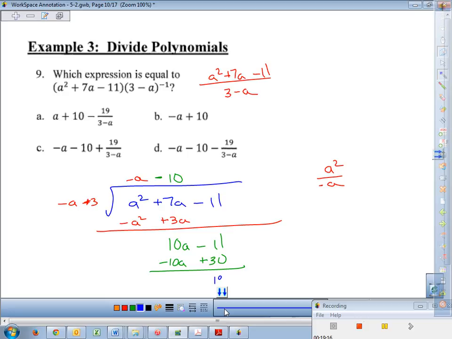We should get a remainder of 19 in this situation. Signs are crazy on these just because there's an opposite here, and you don't have to do the opposite here. It's a little tricky.